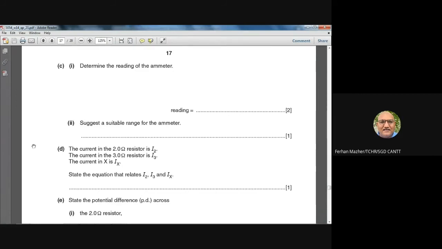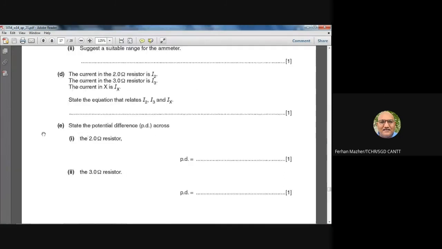The range can be from 0 to 5, it can be from 0 to 3, from 0 to 4, it can be from 0 to 1 also. Any number you can tell, because the current coming from the battery is only 0.5 ampere. Very easy question.